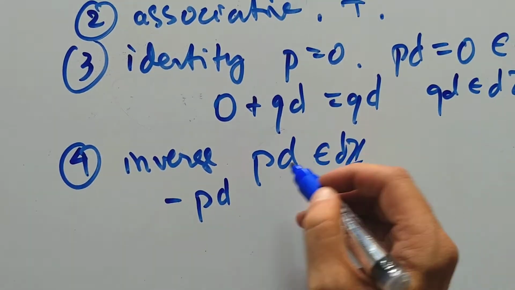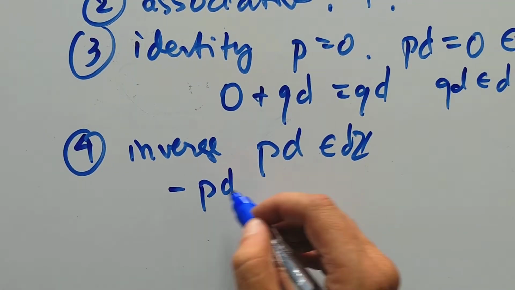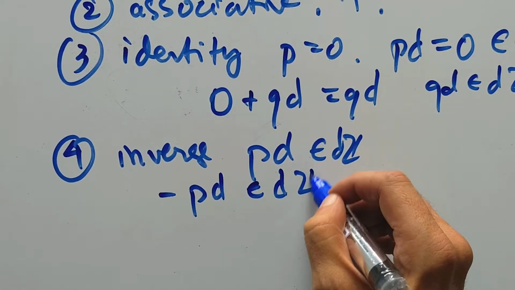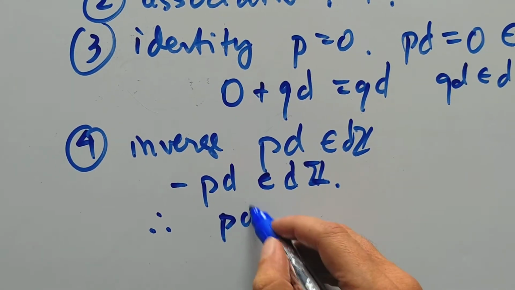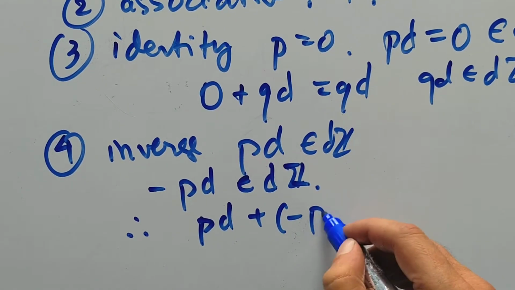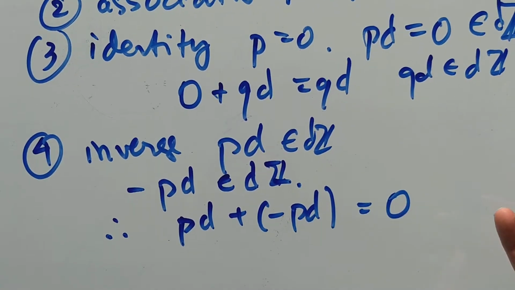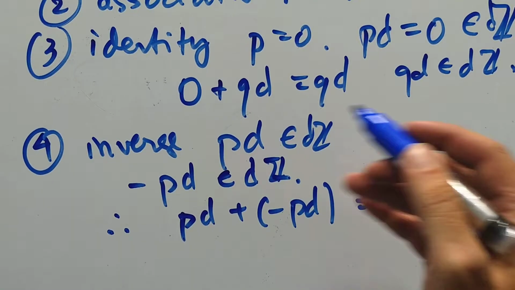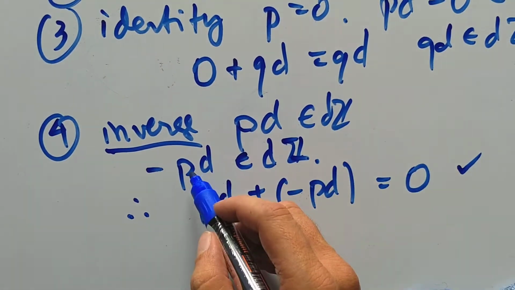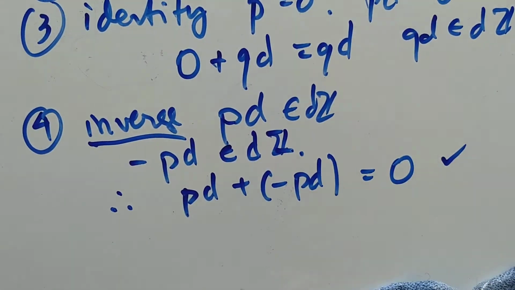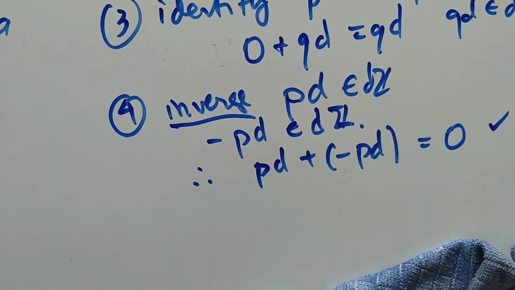It is in DZ because this is also a multiple of D. And therefore, I have PD plus minus PD. This is 0, my identity. And so I have inverses of every element PD. I have an inverse minus PD in DZ. So therefore, DZ is a group.